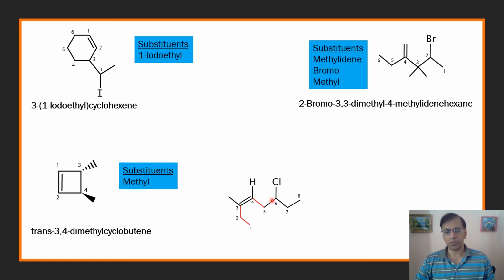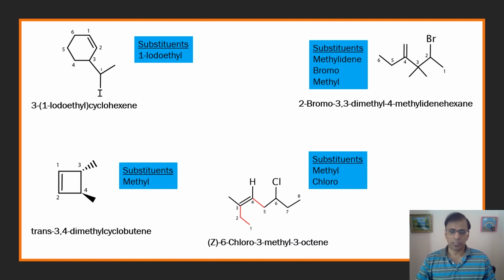And so the two substituents, which are in red color right here, are the high priority groups on each of the carbon atoms bearing the double bond, and they are on the same side. So this particular substituted alkene is labeled as Z. Z means same side.